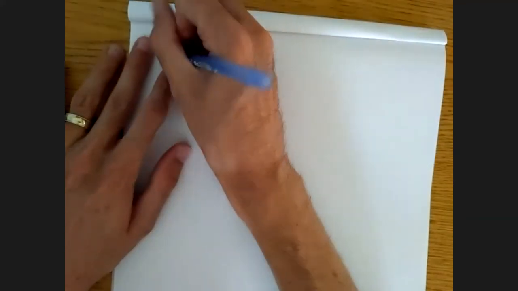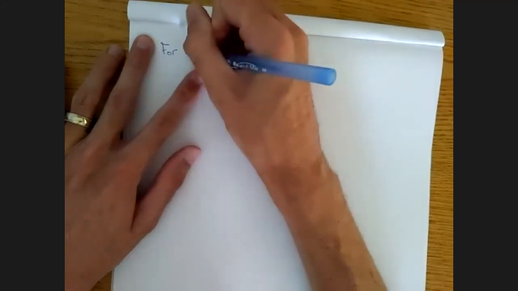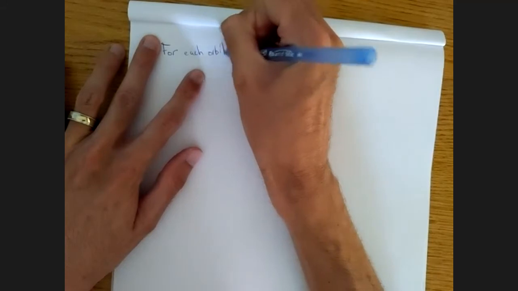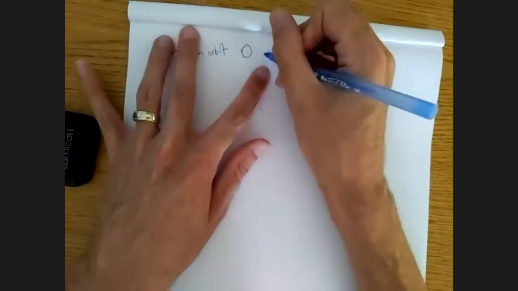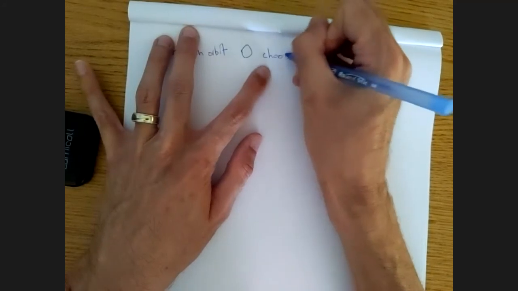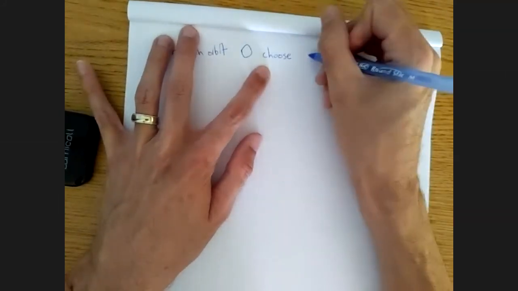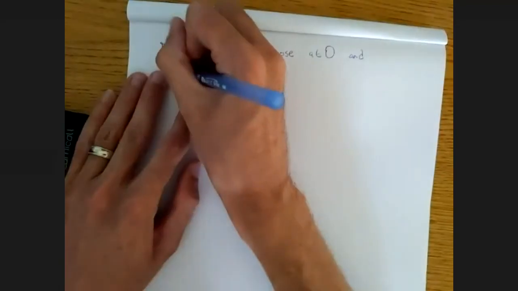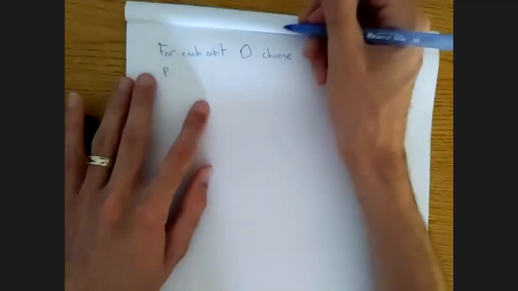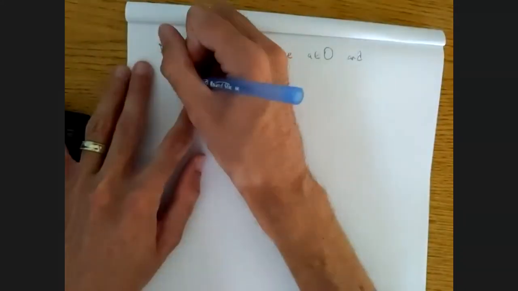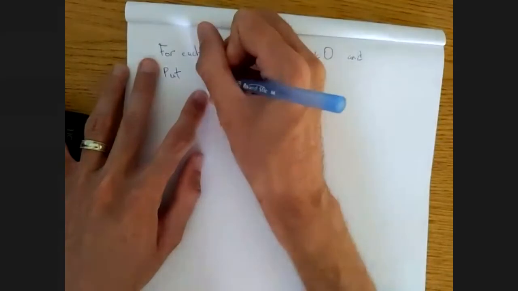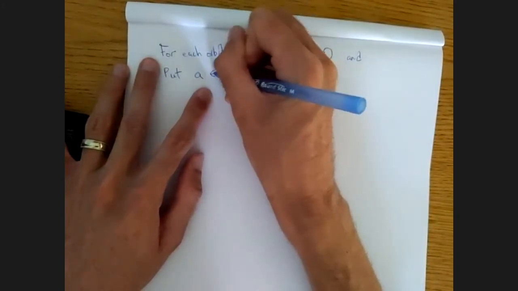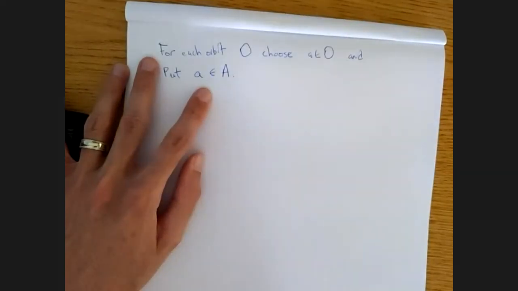Okay. So let me explain the definition. My explanation is that for each orbit O, for each orbit O of size bigger than 1, choose an element of O, say a in O, and put a in my set of representatives here.